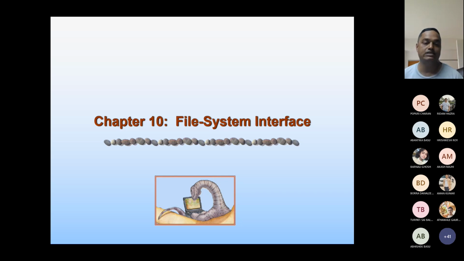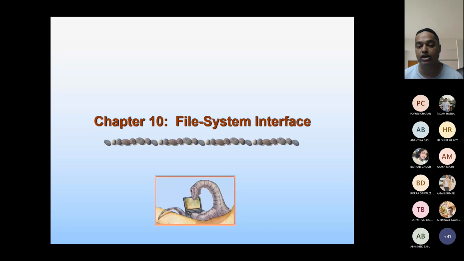The third one is file system interface and the mass storage or hard disk management, or secondary storage management. File system interface and secondary storage management. This is the third pillar. And the fourth pillar is I/O management.